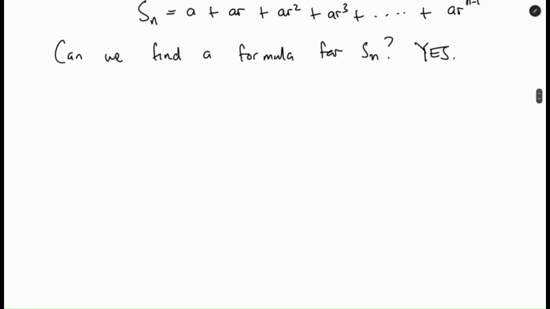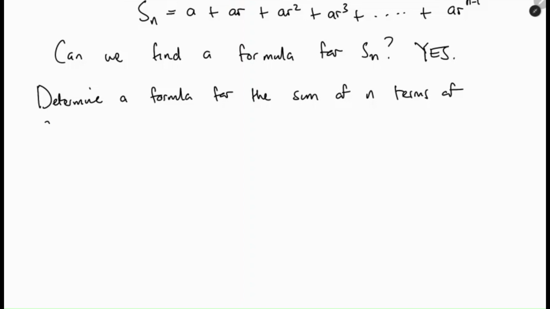Let me show you the proof for how we determine this formula. Imagine you're being asked this question in the exam: determine a formula for the sum of n terms of a geometric series.